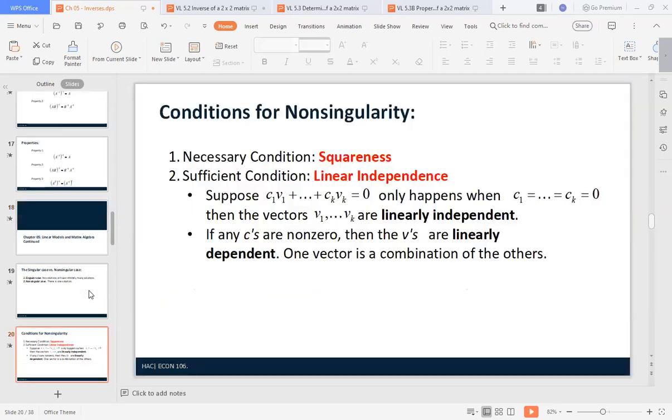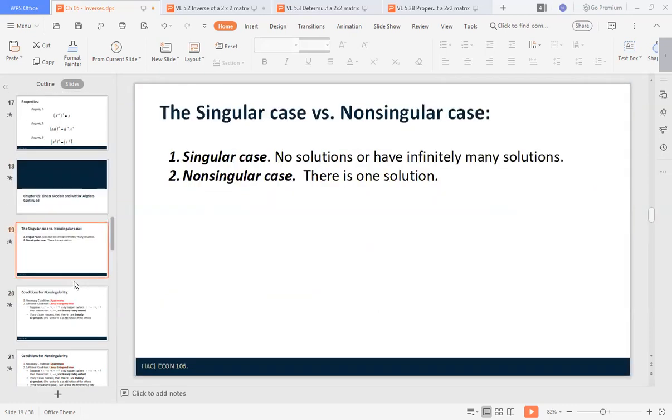Let's start first with the conditions, with what singular case and non-singular case mean. When you have a singular case, the thing to remember is that there's no solution or infinitely many solutions. With the singular case, we're not really keen on getting this one, but we pay attention that the case we're handling might be a singular case, because determining a unique set of solutions is what we're after.